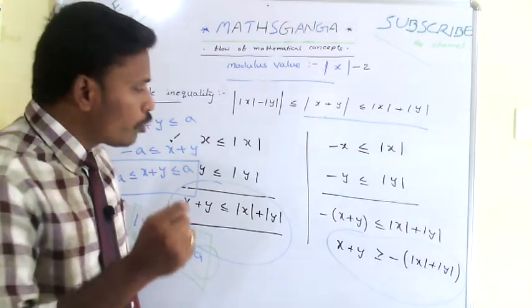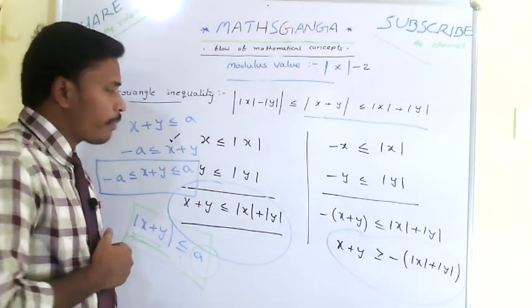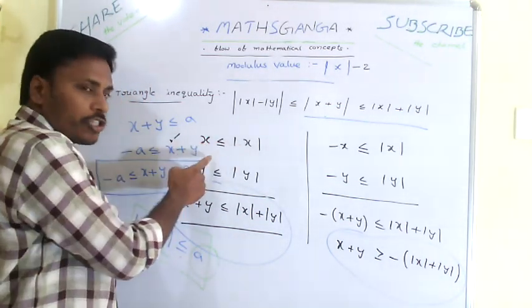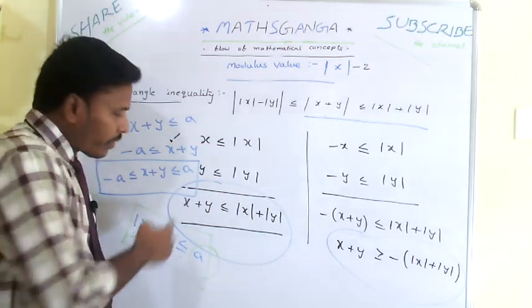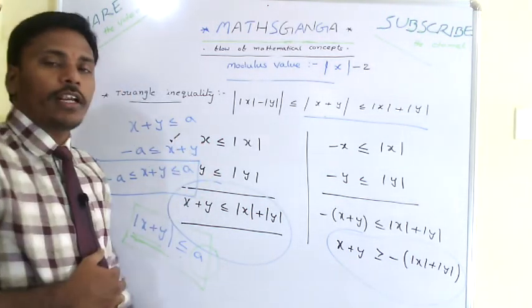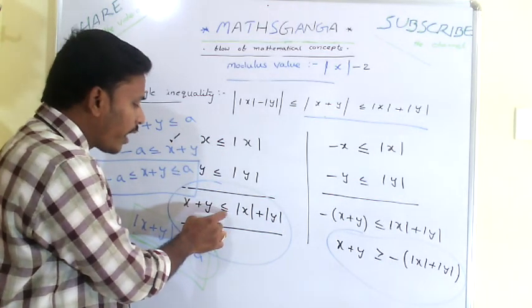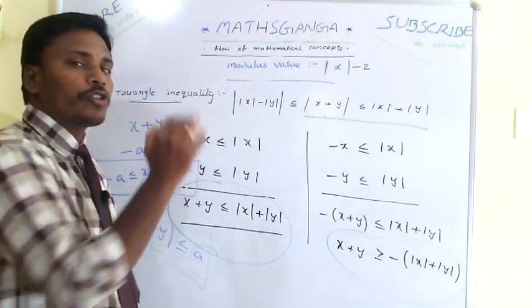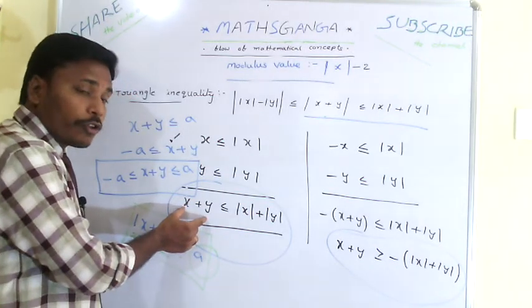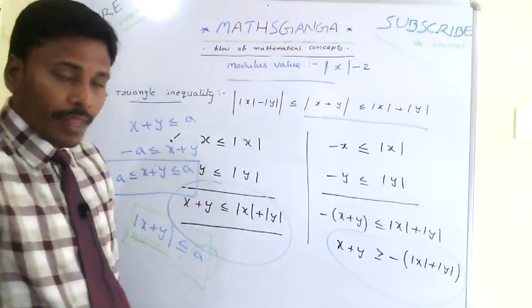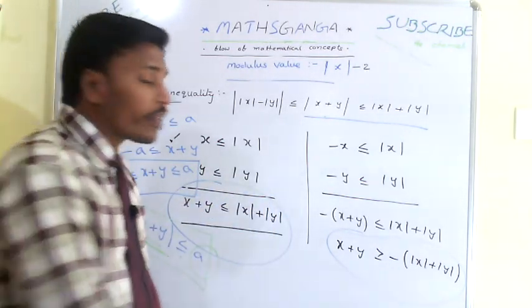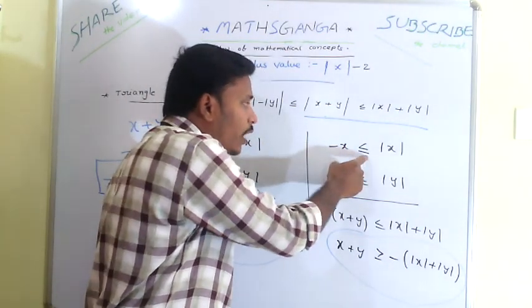Okay, and one more thing, if you look here, if x is positive, then the equality holds. If y is positive, the equality also holds. So if both x and y are positive, the equality holds here. And the same case coming to here, if x is negative, then the equality holds.